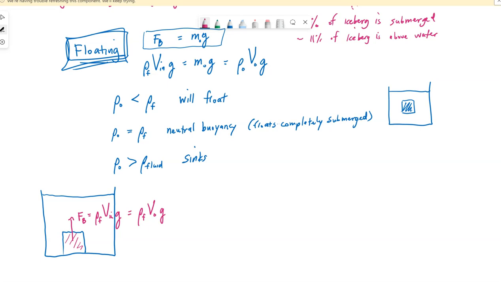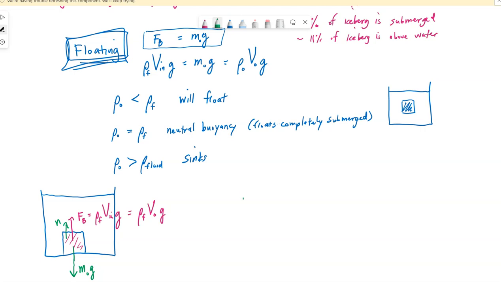But to relate that to weight of the block, for example, we know the block itself will have the force of gravity, its own weight. But this time we would also have a normal force because it's on a surface now. It's on the bottom of the container.